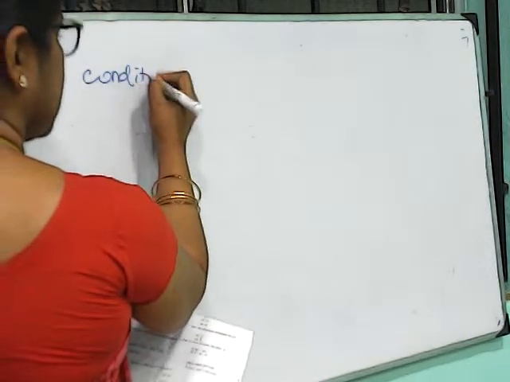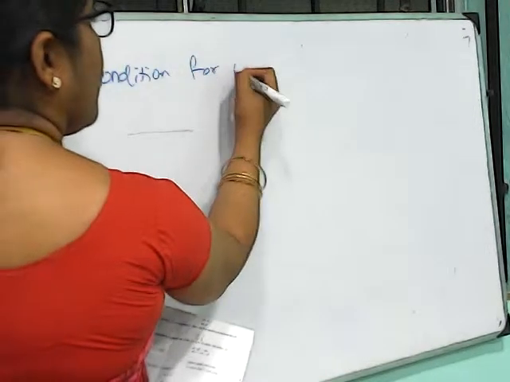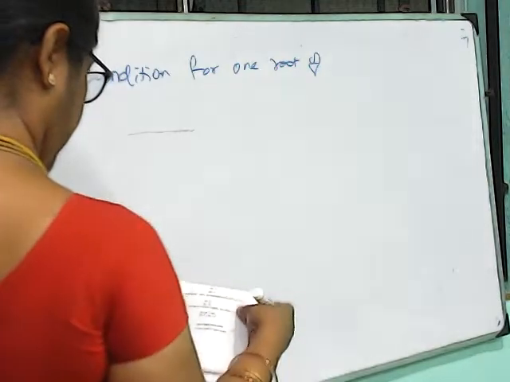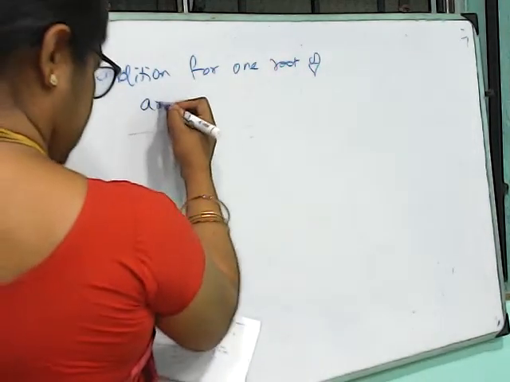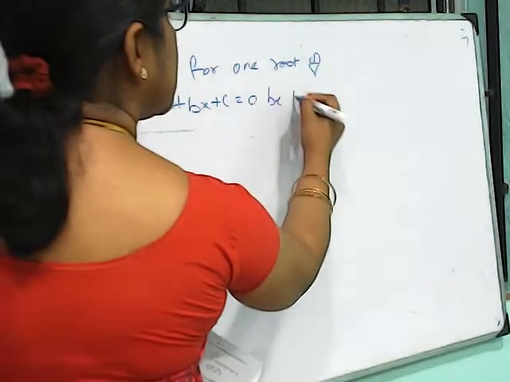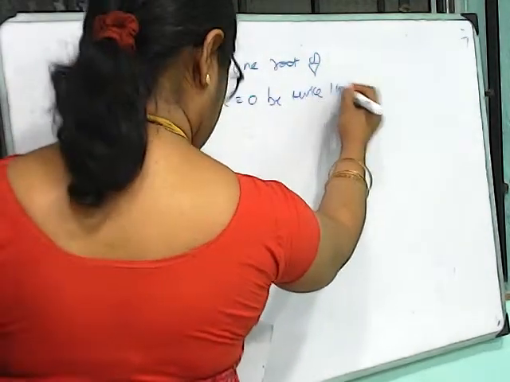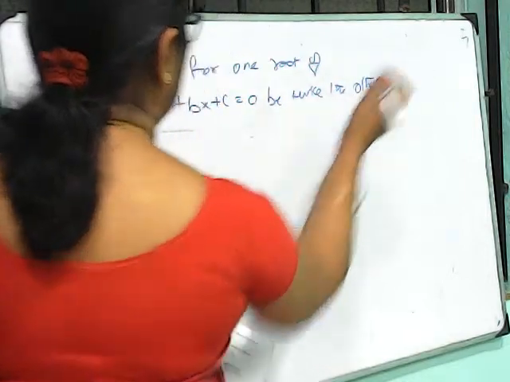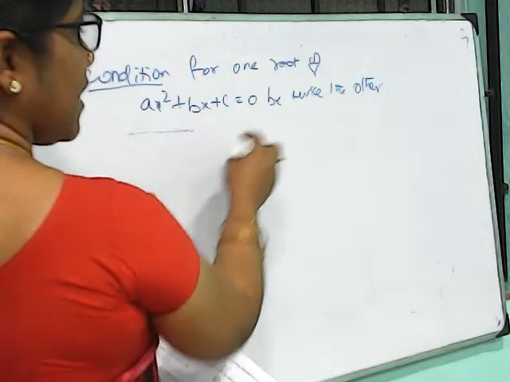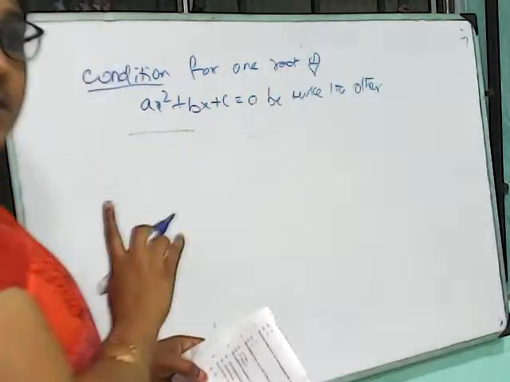Condition for one root of the equation ax square plus bx plus c equal to 0 to be twice the other. What will be the condition for one root of the equation to be twice the other? So this is the question.